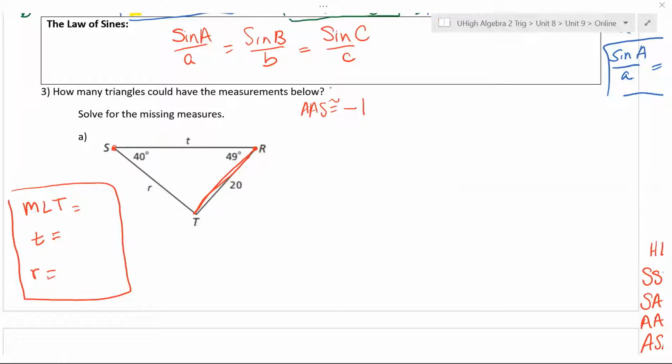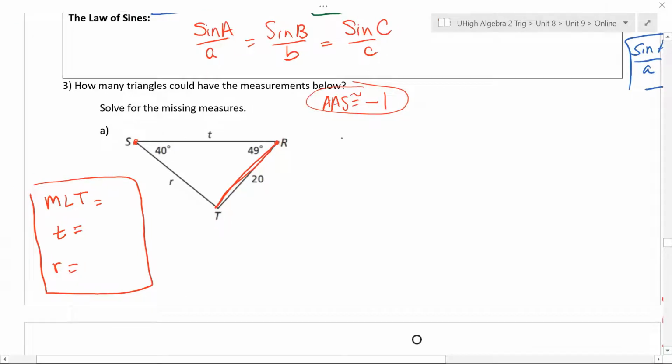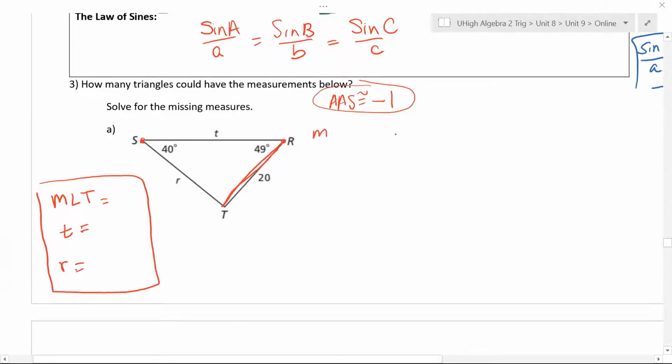The first thing I want to notice is I have two of my three angles. So I can easily solve the measure of angle T by doing 180 minus 49 minus 40 and find that the measure of angle T is 91. So I have 91 degrees for the measure of angle T.